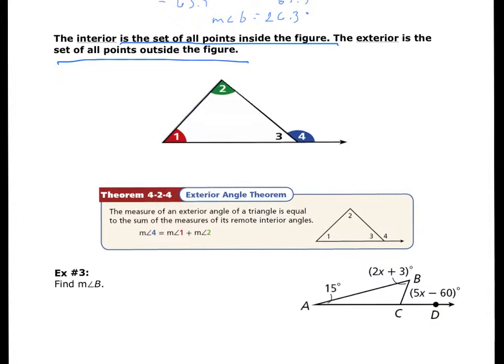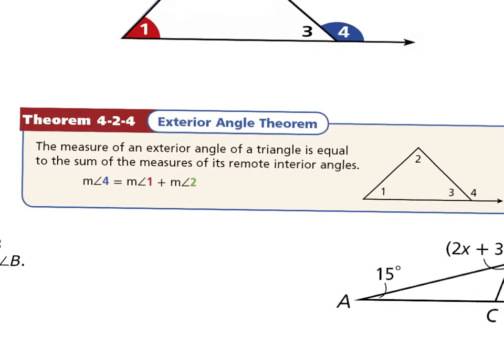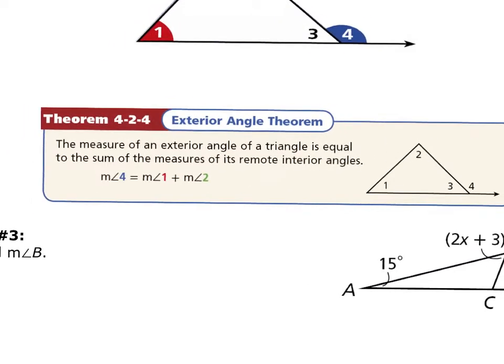This theorem states that the measure of an exterior angle of a triangle is equal to the sum of the measures of its remote interior angles. So what it's saying is that the exterior is equal to the sum of its two remote interior angles.